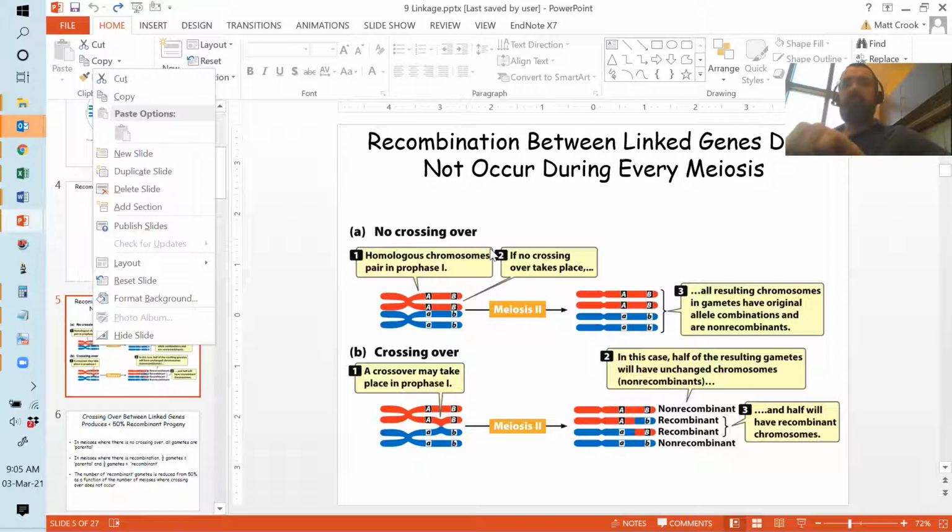Can you repeat that one more time? Sure. So linkage is when this crossing over recombination doesn't always occur between two genes. And if you flip that around, I can even write this down in the chat box.